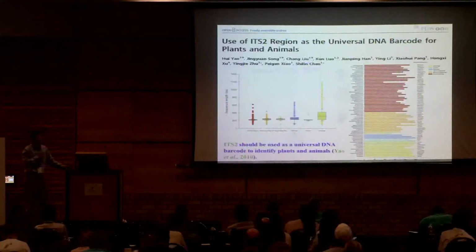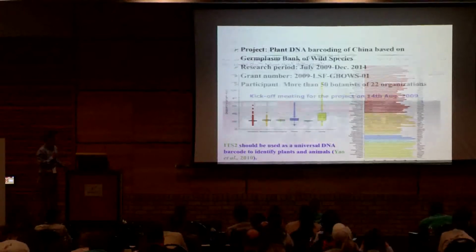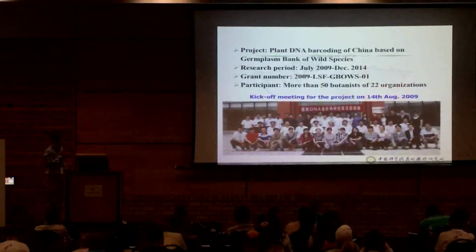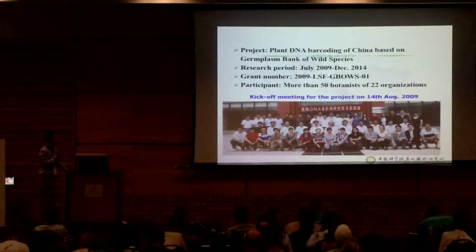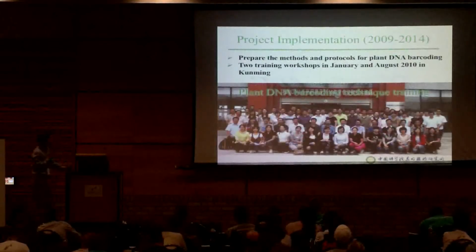And this group in Beijing, Professor Chen Shilin's group, was proposing to use ITS2 as a universal barcode for both plants and animals. At nearly the same time, we were lucky to get support from the Chinese Academy of Sciences to organize a national team of something like 50 botanists across 22 organizations to assemble a large amount of data, including a lot of training and standardization of the protocols.